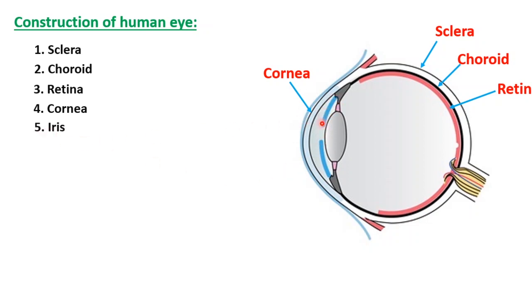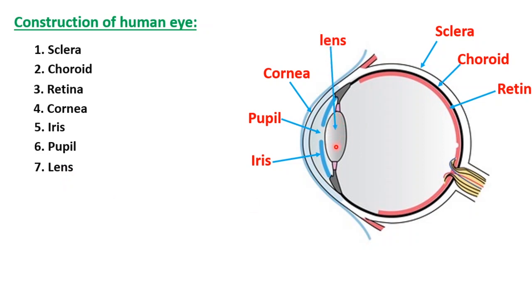Iris. The colorful part in our eye is the iris. Next is pupil. The pupil is in between the iris. Between the iris there is a hole, or we can say the entrance for light, which is called the pupil. Next is the lens. There is a crystalline lens in our eyes.